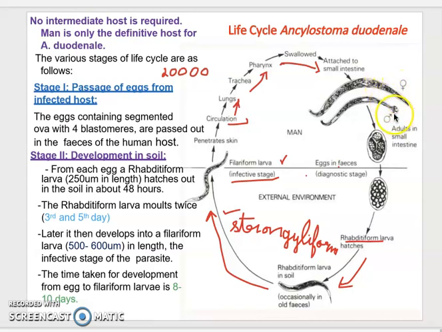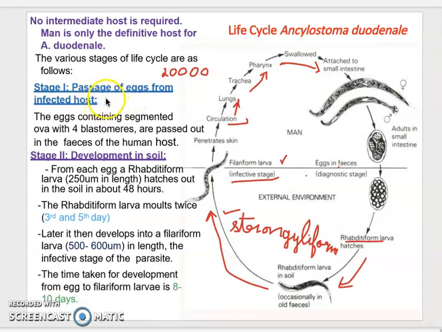The male and females develop, the fully developed adult worm results, and the same cycle is repeated. So that is the complete life cycle of Ancylostoma duodenale. We can divide this whole life cycle into different stages, clearly noted in this slide.